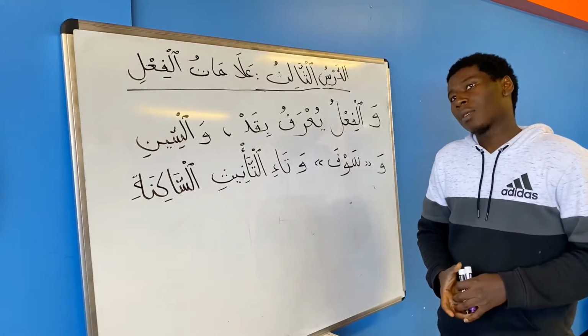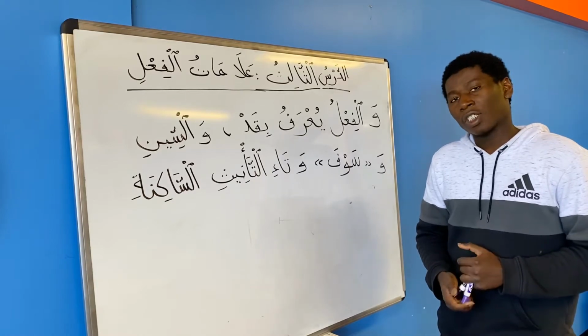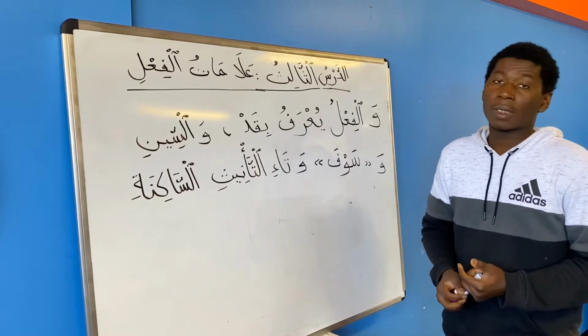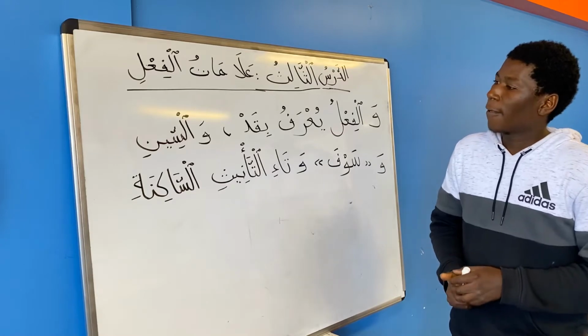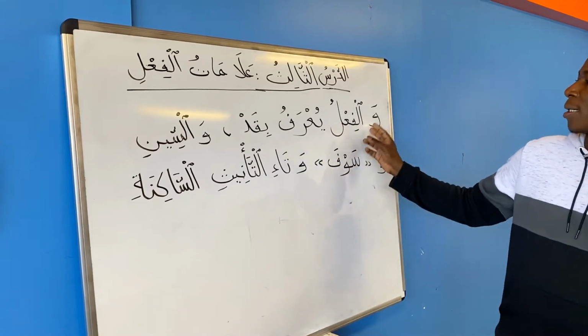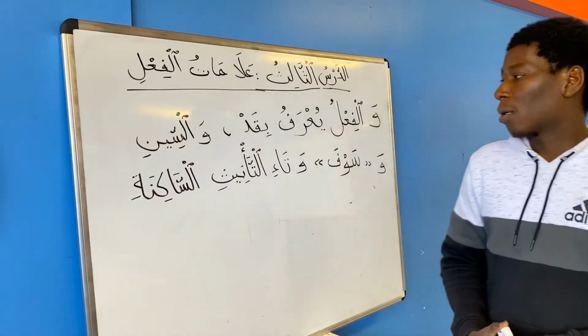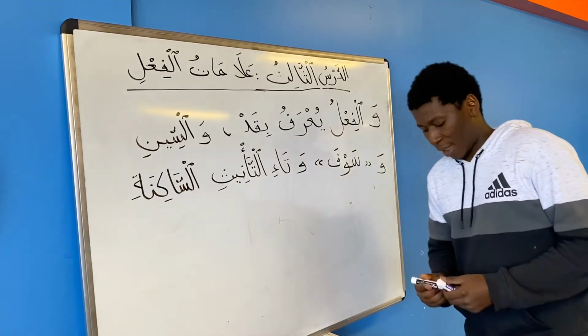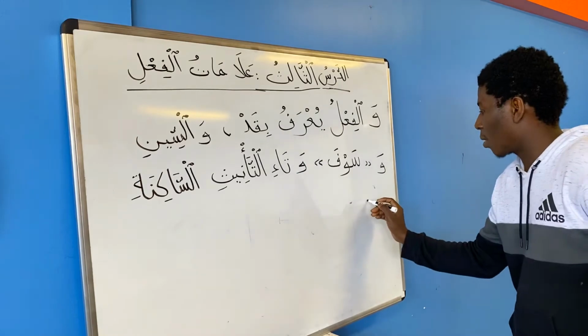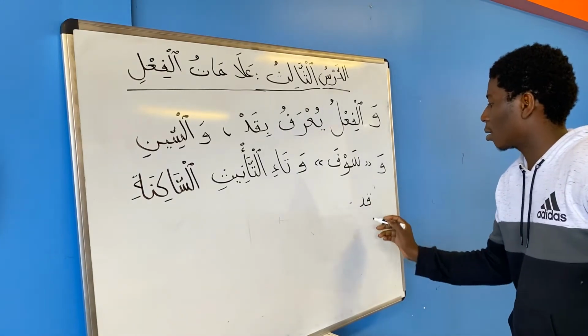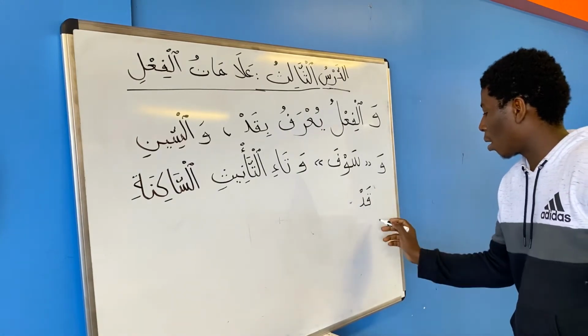The author was pretty strategic when he wrote this. He started with والفعل يعرف بقد. So we have 2 things for this: either I will have قد or لقد.